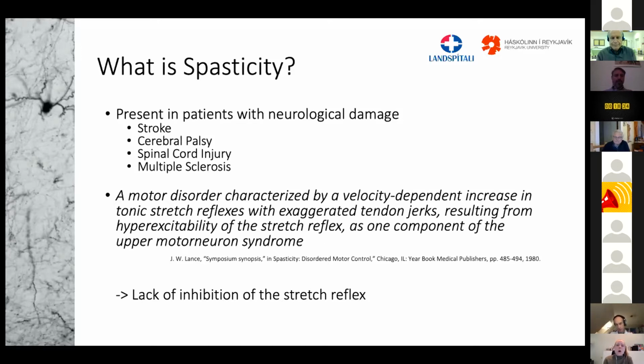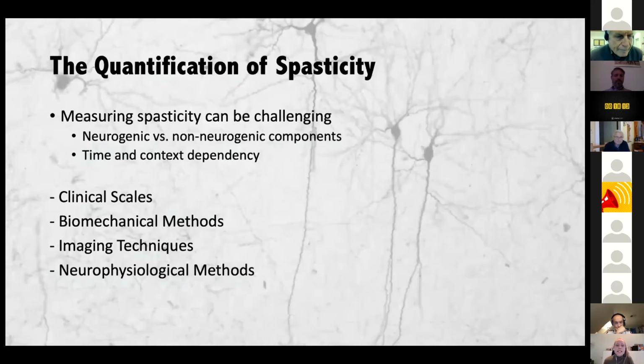But there's also some non-neurogenic resistance that is present in spasticity. And this resistance can be changes in muscle fiber sizes and length, and also changes in the distribution of muscle fibers. So this fact makes it a bit challenging to measure spasticity because we have both neurogenic components that are composed of the stretch reflex mechanisms, and then we also have non-neurogenic components.